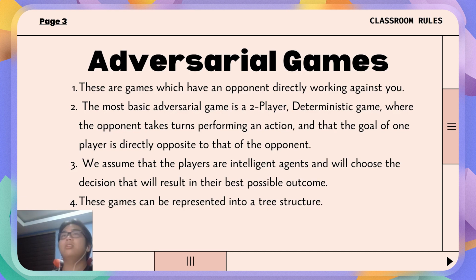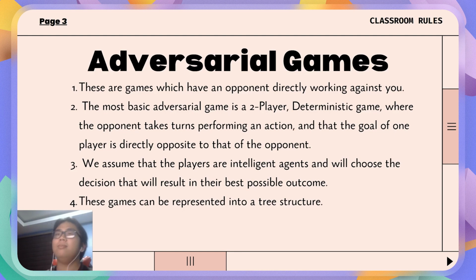Examples of these are tic-tac-toe and chess. These are the very common examples of adversarial games, or maybe even two companies trying to maximize their own profits. And when one company maximizes their profits, the other company indirectly gets their profits minimized.